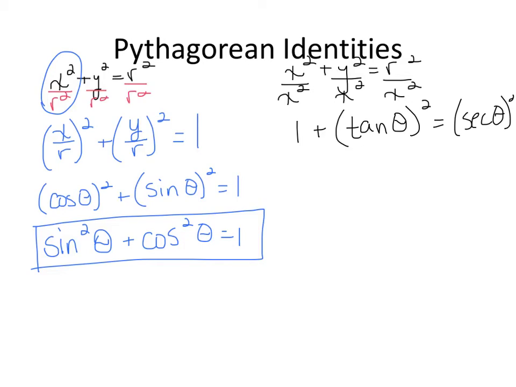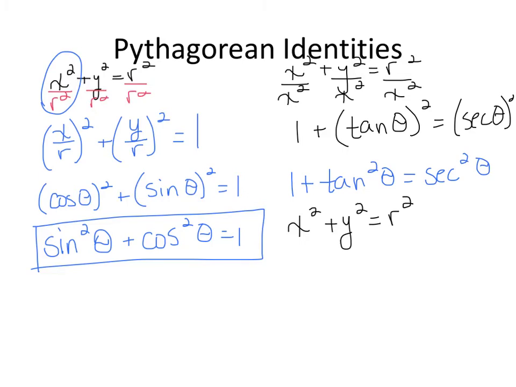So my next identity is 1 plus the tangent squared of theta is equal to the secant squared of theta. Finally, I can do the same thing, but this time divide by y squared. This gives me the cotangent squared of theta plus 1 is equal to the cosecant squared of theta.